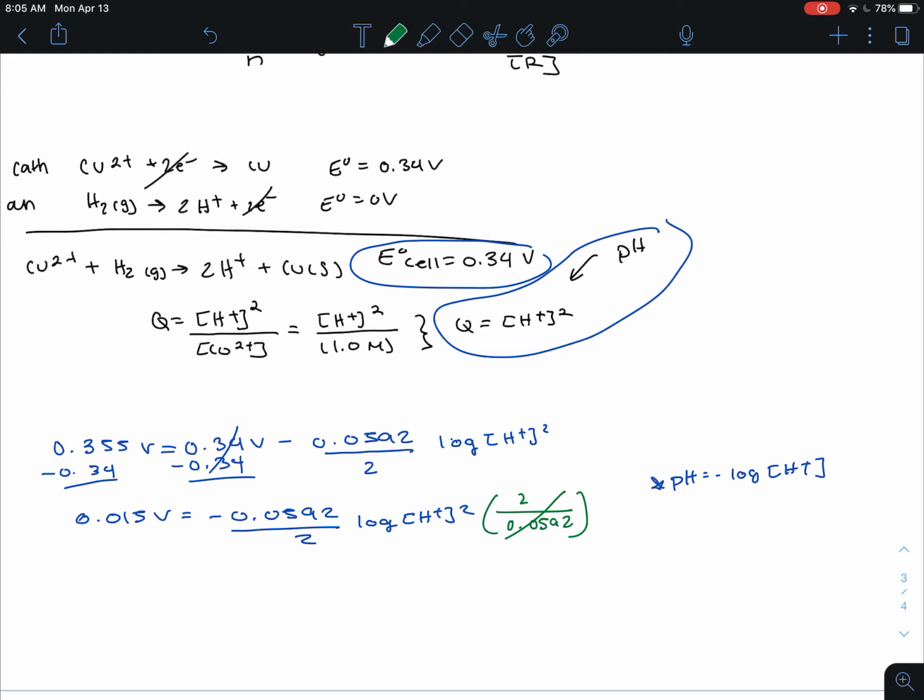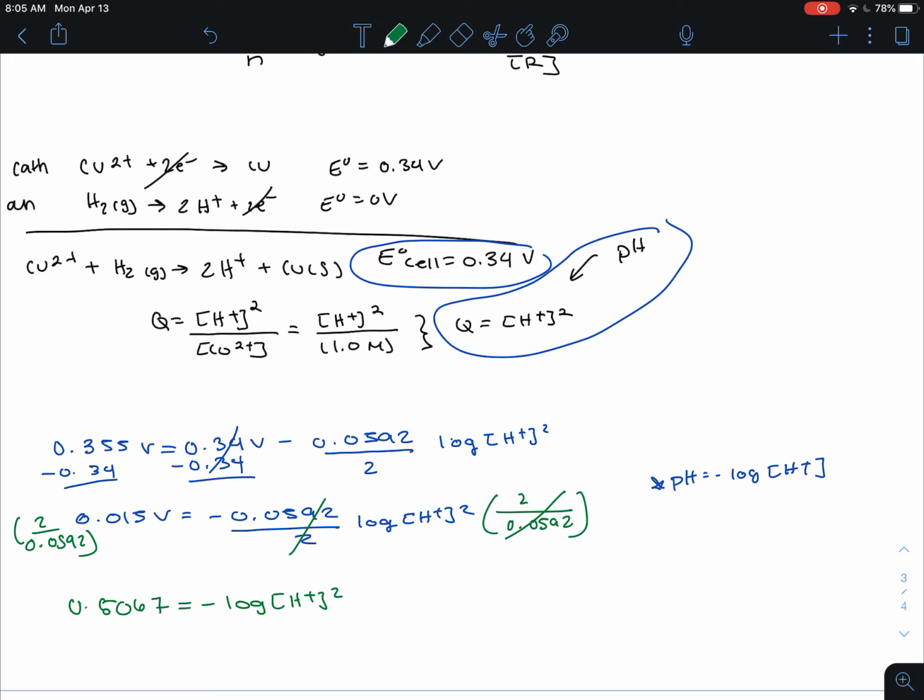So you should just multiply this, both sides, by 2 over 0.0592. So that cancels. So let's do that part. So 0.015 times 2 divided by 0.0592. So then 0.5067 is equal to negative log H plus squared.